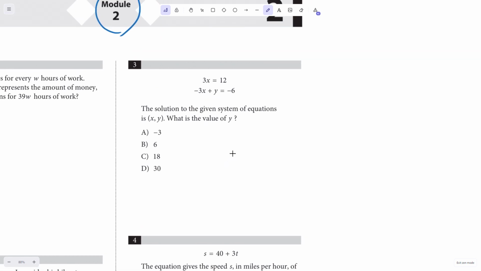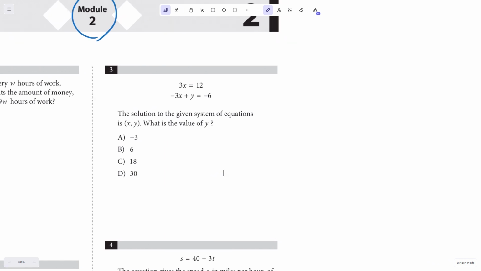Alright. The solution to the given system of equations is (x, y). What is the value of y? So we're given a system of linear equations and we have to solve it for y. 3x is equal to 12, and minus 3x plus y is equal to minus 6. In the second equation, we can move minus 3x to the other side and it will be positive.